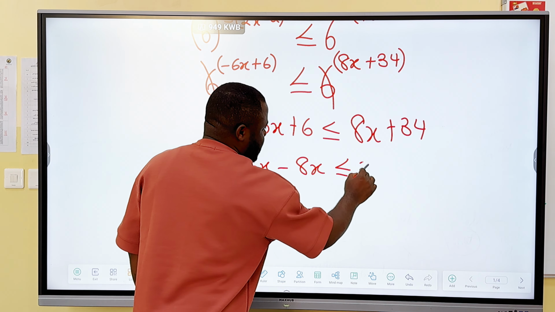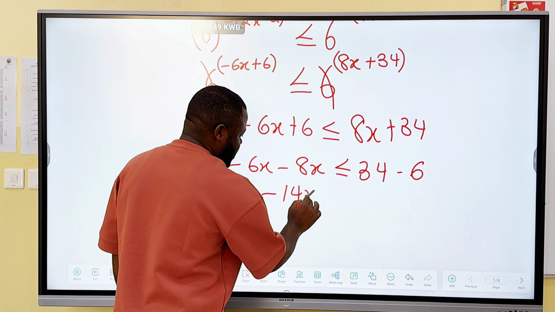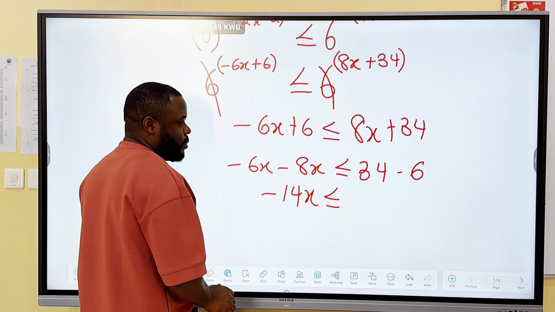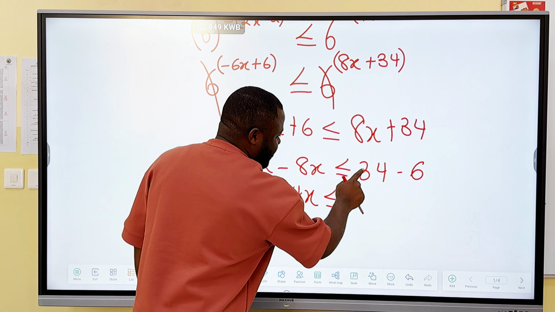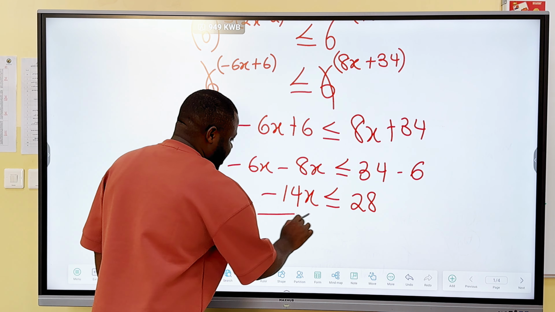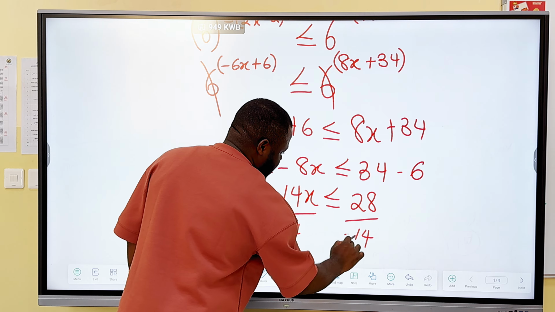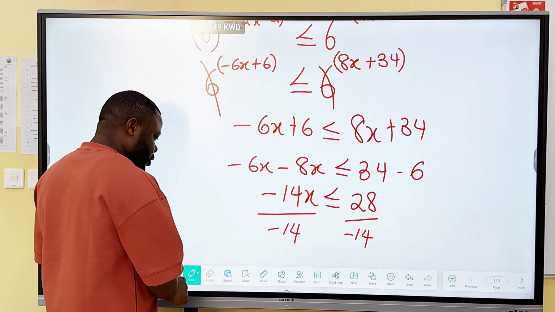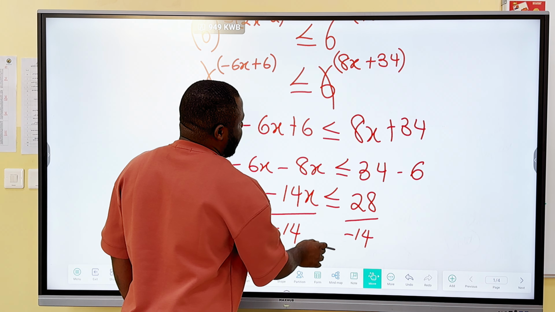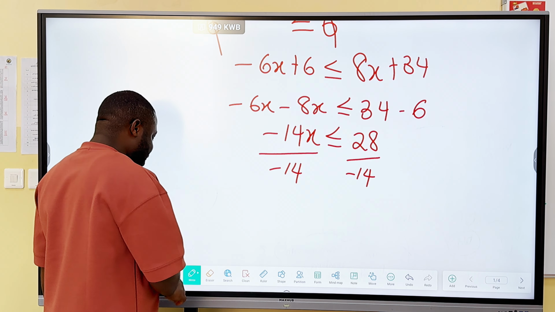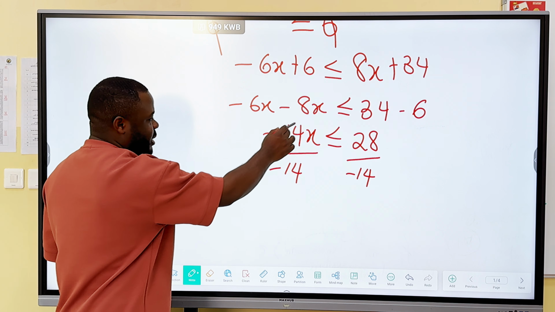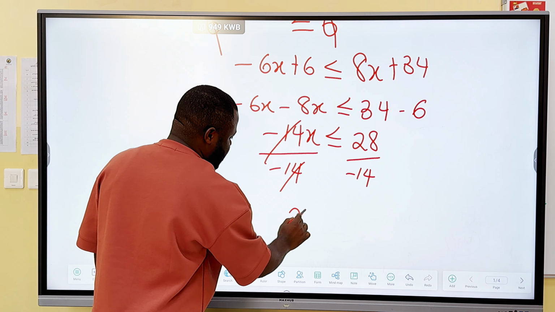So when you do negative 6x minus 8x, it's going to give you negative 14x, which is less than or equal to 34 minus 6, which gives you 28. So we can now divide both sides by negative 14, so that we can know all the values of x. Then by doing this, this will cancel this, you have x.